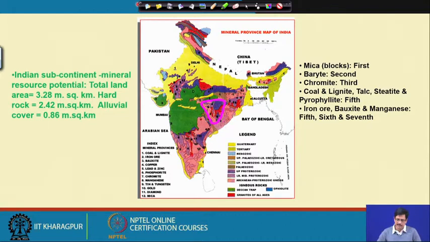The Bastar craton is also a very interesting geological situation, although there is no such prolific development of greenstone belts, some very rudimentary greenstone belts have been reported from here, where sporadic occurrences of gold have been reported.